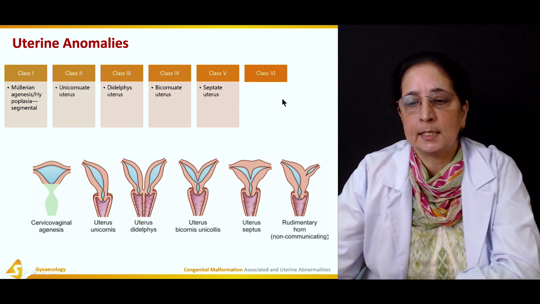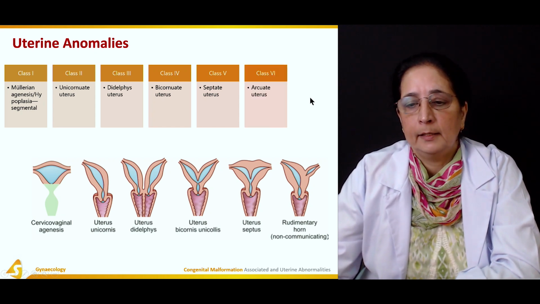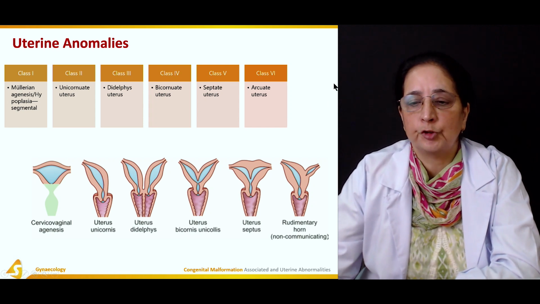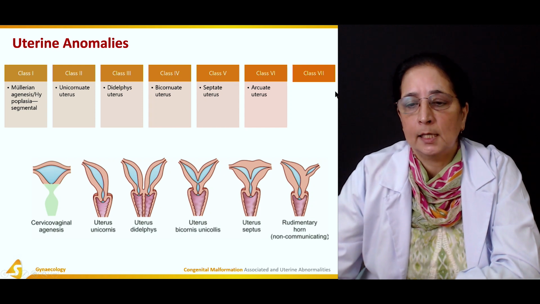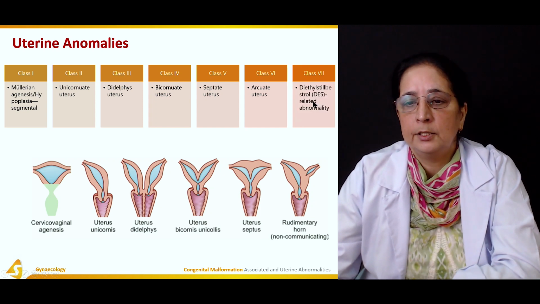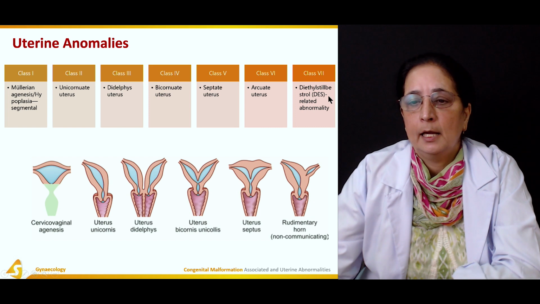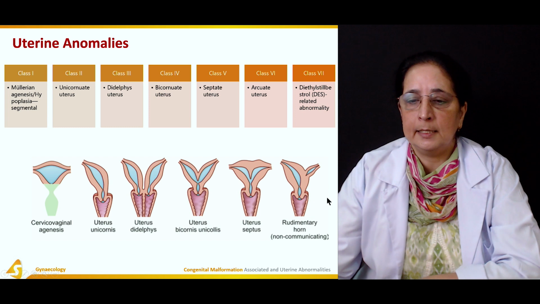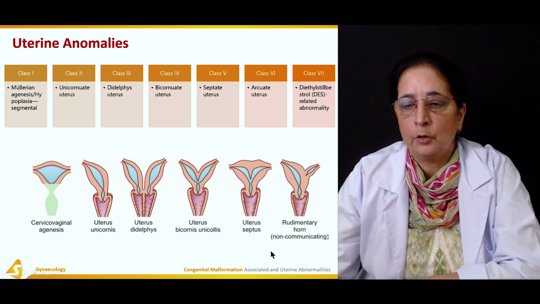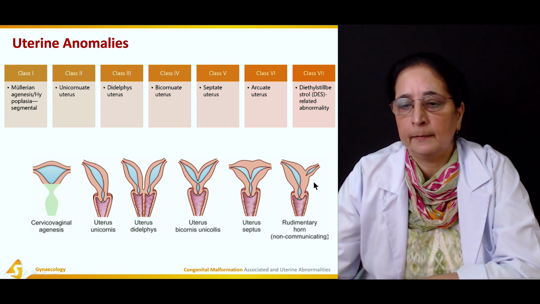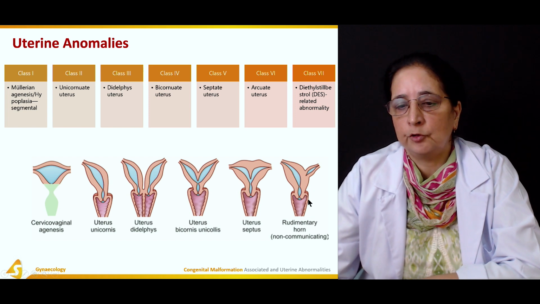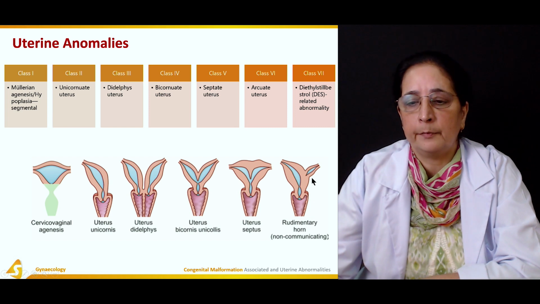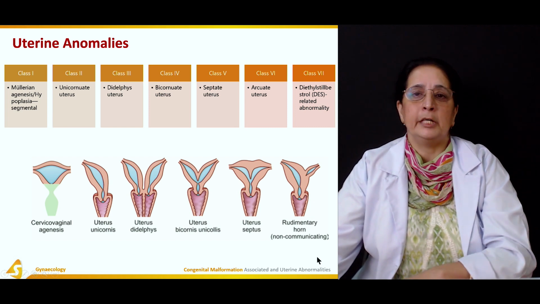Then class 6, there is arcuate uterus. And then in class 7, there is the DES, diethylstilbestrol related abnormality, and there is a rudimentary horn. Here there is a uterus, and separately there is a small rudimentary horn present, which is non-communicating.